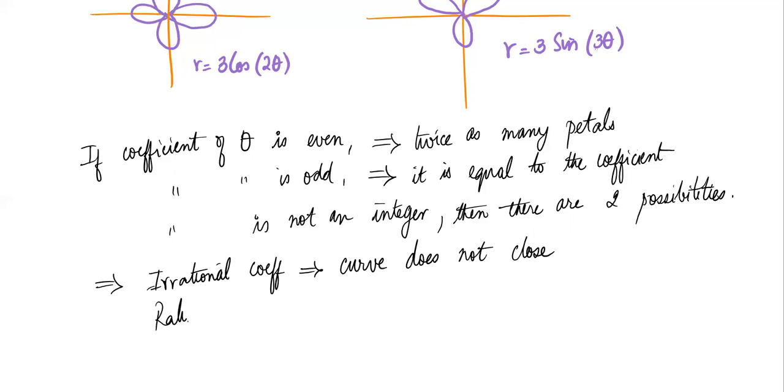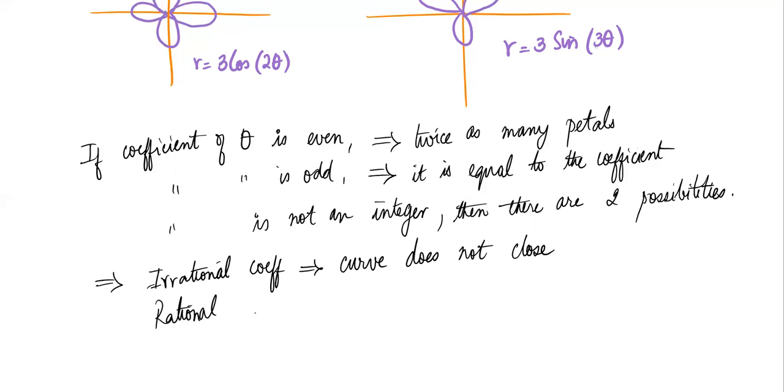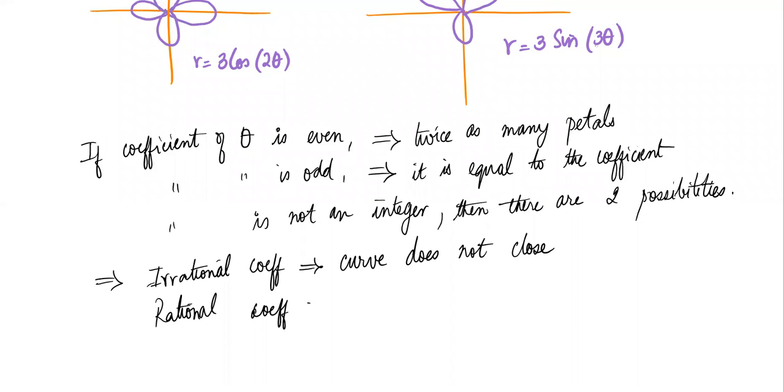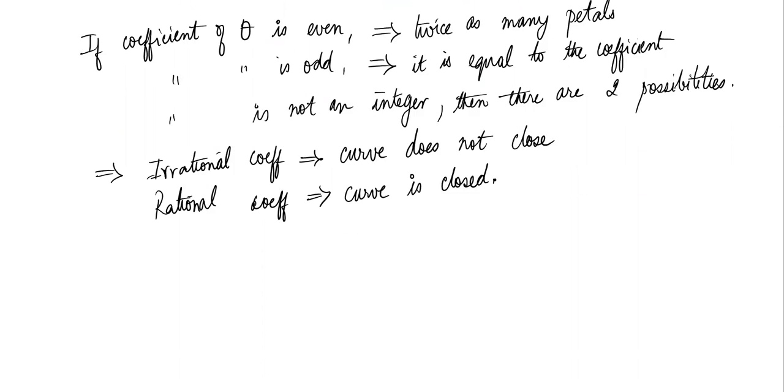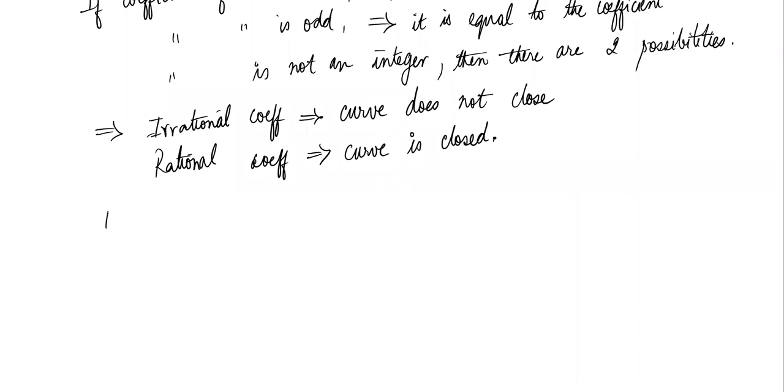And if the coefficient is rational, it implies the curve is closed. So for example, say r is 3 sine (5 theta over 4).